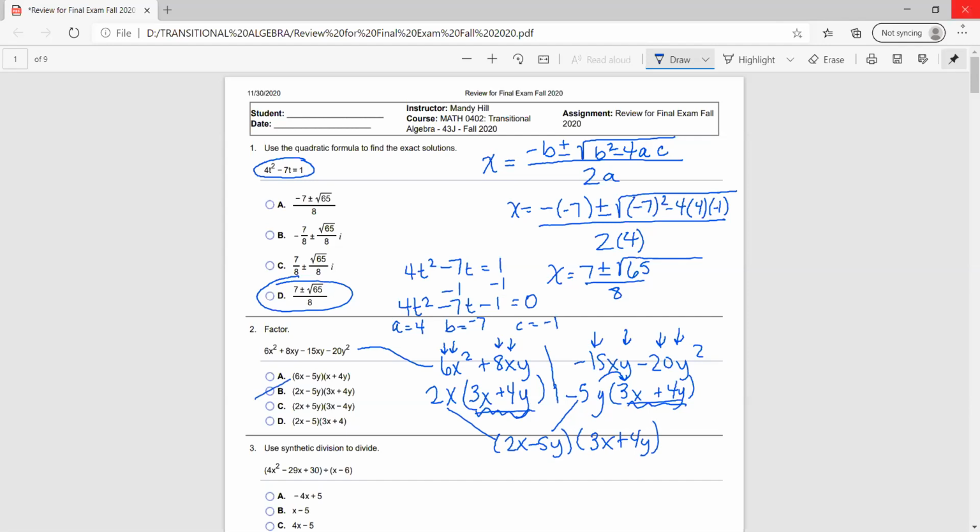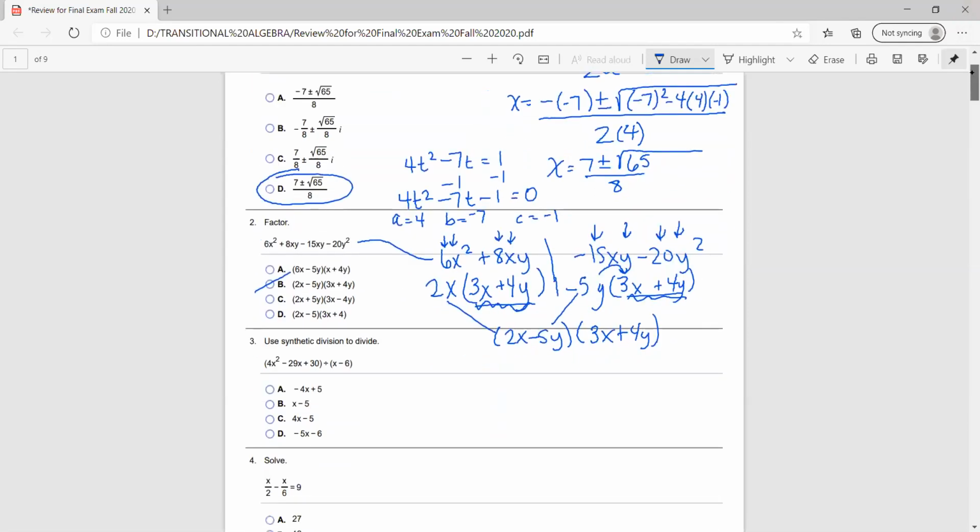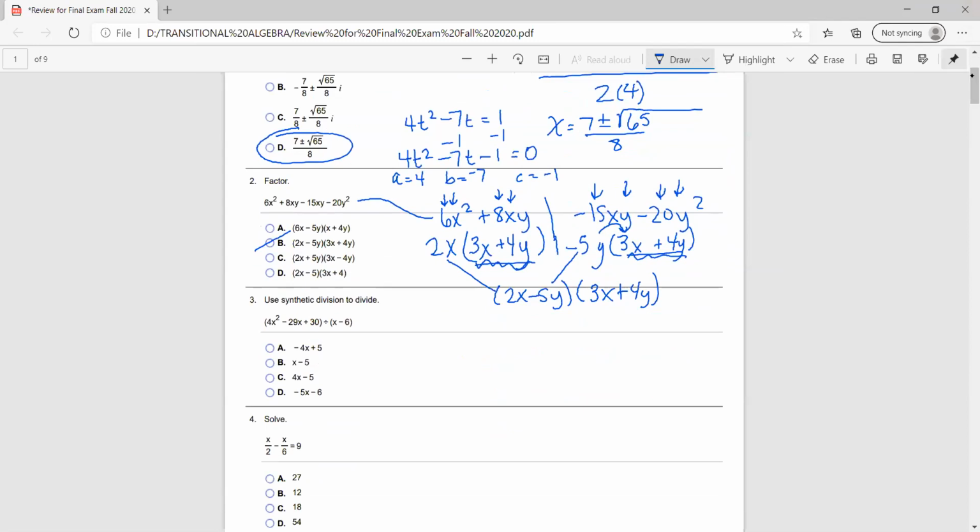Okay, it says use synthetic division to divide this. So remember that when we're using synthetic division, if this is a -6, we want to make it a +6. Then we want to put our coefficients in order and then our constant term in the back. So you want to always make sure that you've got x squared and it's going down in descending order.